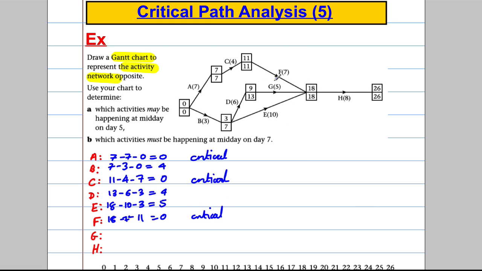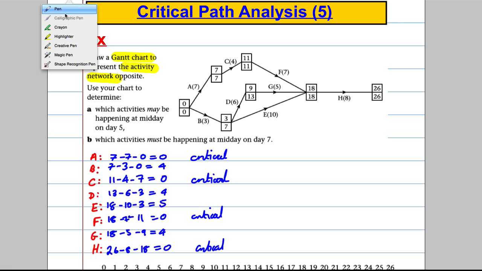G is 18 subtract 5 subtract 9, which is going to equal 4, so it's not critical. And H is 26 subtract 8 subtract 18, which is going to be 0, so that's critical.